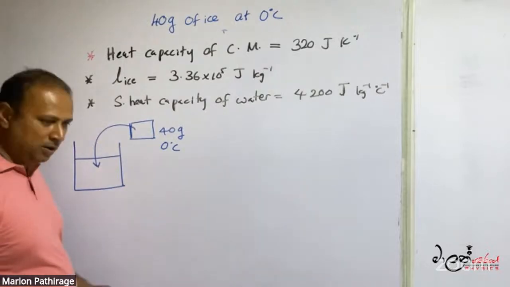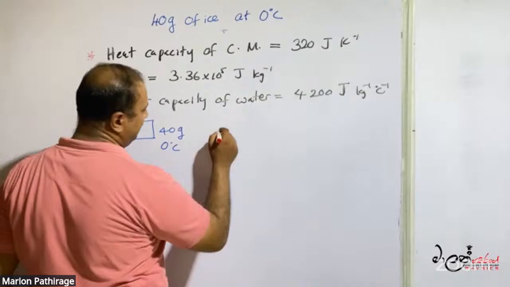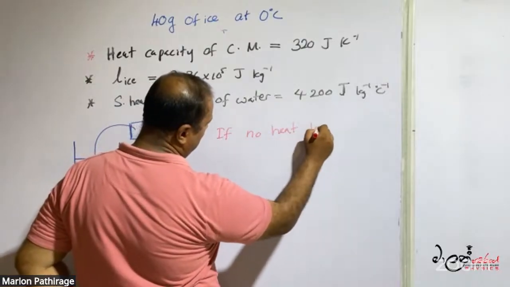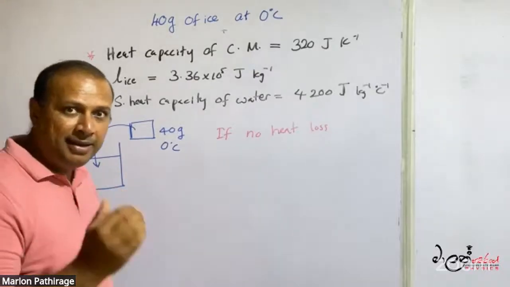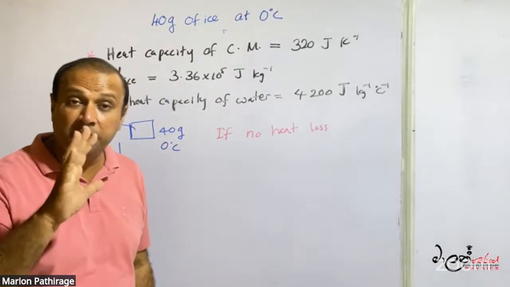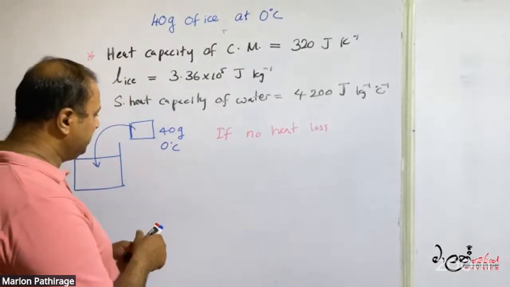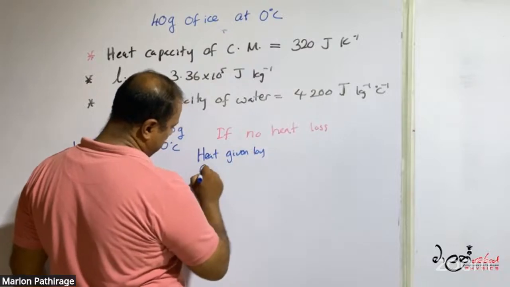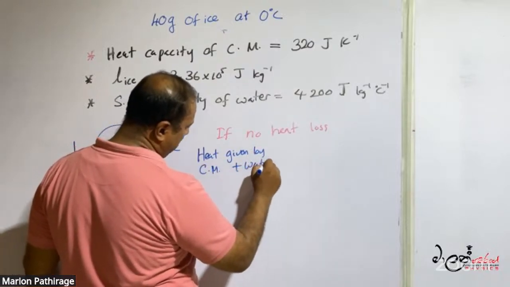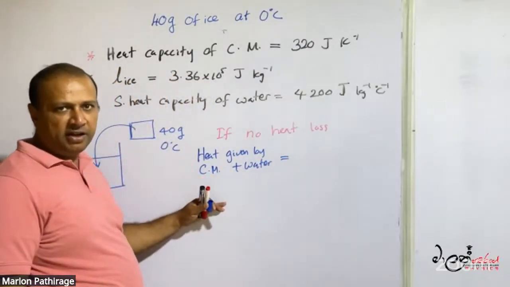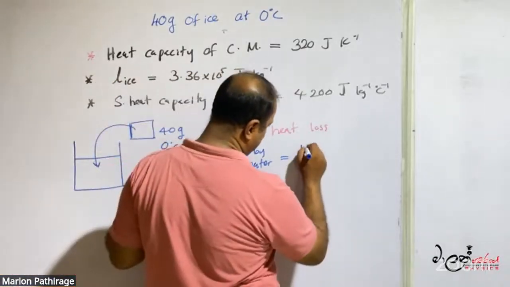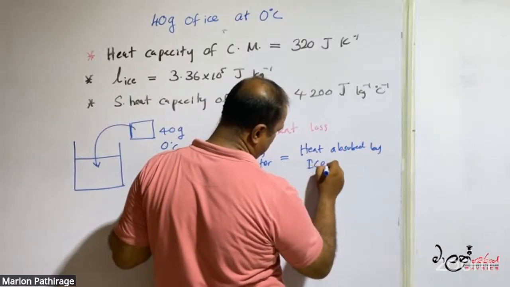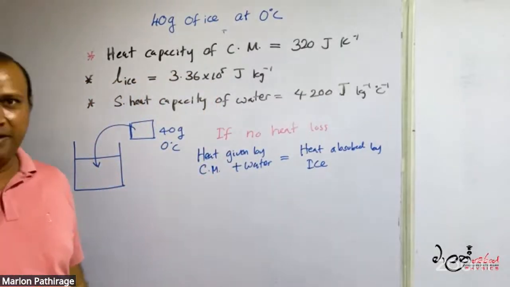Now, definitely if there's no heat loss, the heat given by the calorimeter plus water should be equal to the heat absorbed by ice.